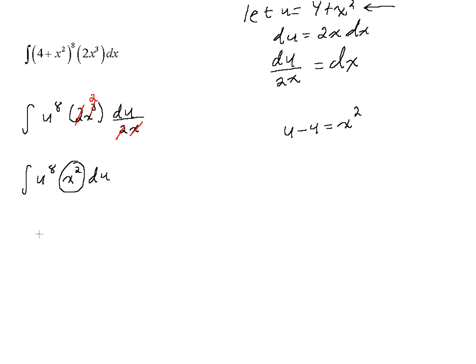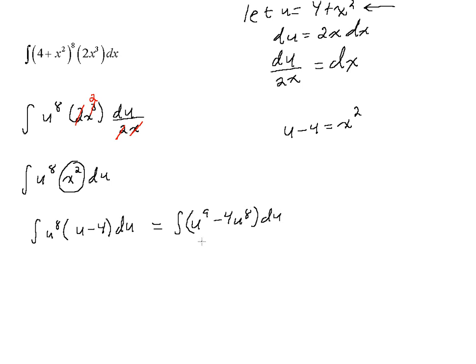So we have u to the 8th power times x squared, which is now u minus 4, du. Now all we need to do is distribute that u to the 8th power. So u to the 8th times u, add the exponents, we get u to the 9th, minus 4 times u to the 8th, and now du. And now we can just integrate term by term.